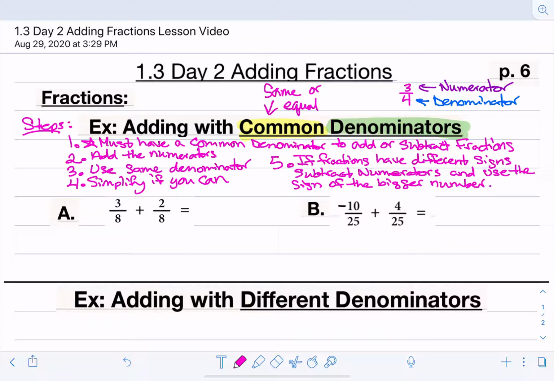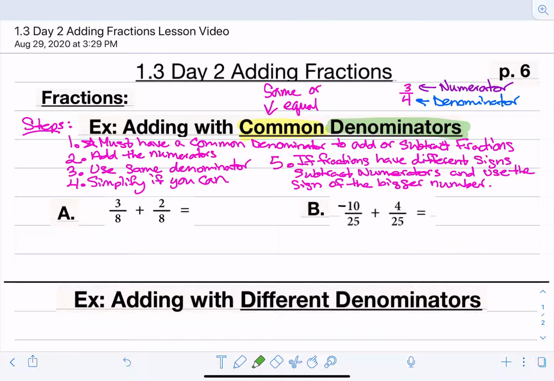And if you'll remember from our previous video on adding integers and decimals, it was that same rule. You subtract the two numbers and you use the sign of whichever number is bigger, and we're going to apply that to fractions as well. So let's go ahead and get started so you can see how this works.